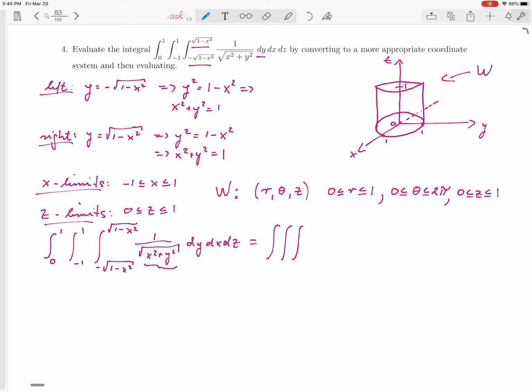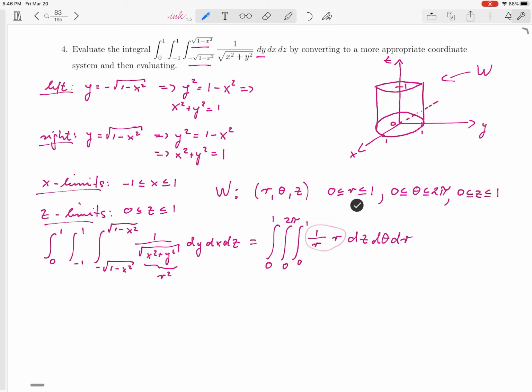Now, since x squared plus y squared is equal to r squared, we can describe this function just as 1 over r, since we're taking the square root of r squared. And then our volume element is r dz, d theta, dr. I could have gone in any order here. Limits now. Z goes from 0 to 1, theta goes from 0 to 2 pi, and r goes from 0 to 1 as well.